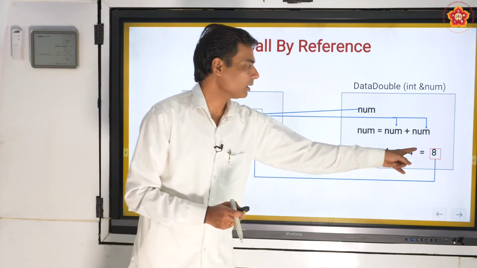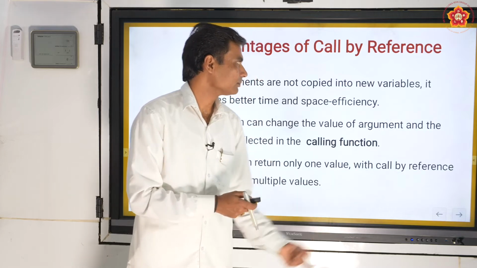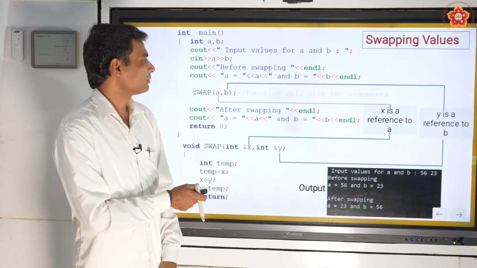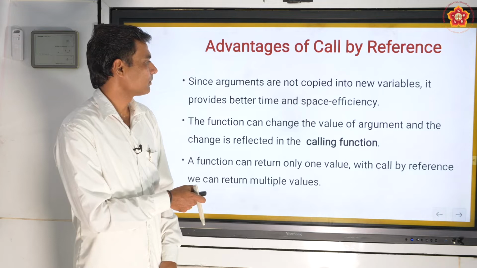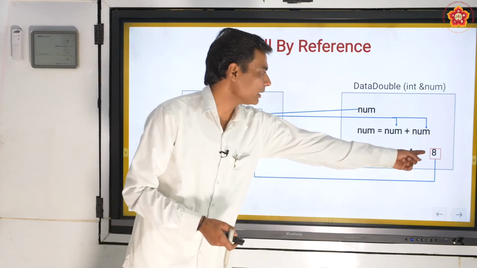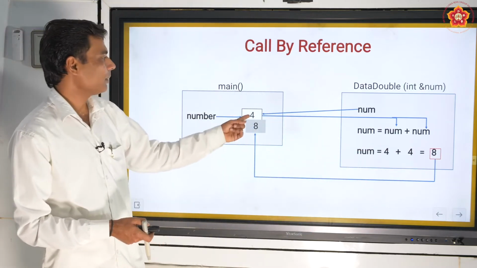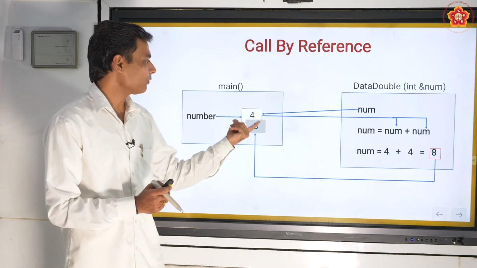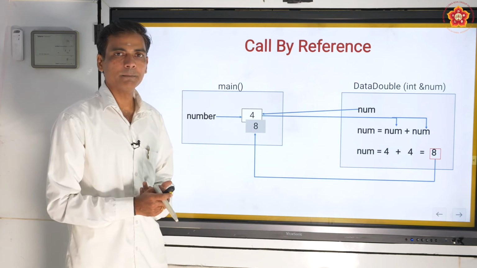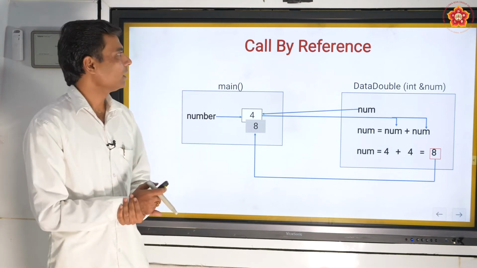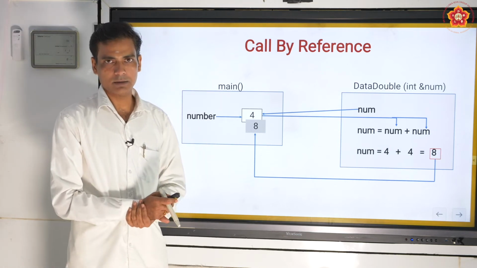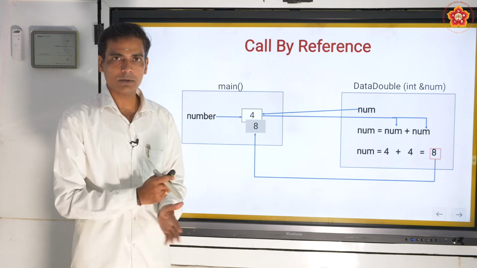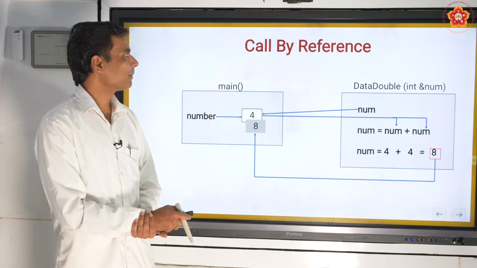So it will update the contents to 8. Where will this 8 go? This 8 will replace the contents of number. So 4 will be replaced by 8. This is how the call by reference mechanism works. Hope you understood. So let's move on to the next mechanism.